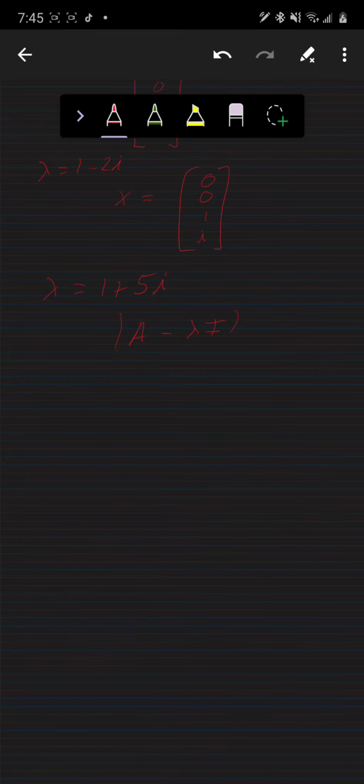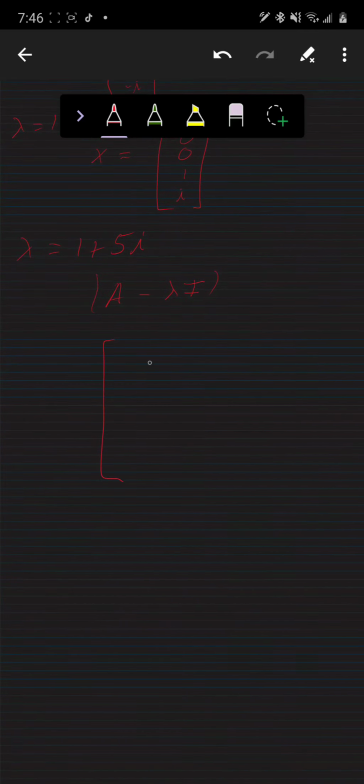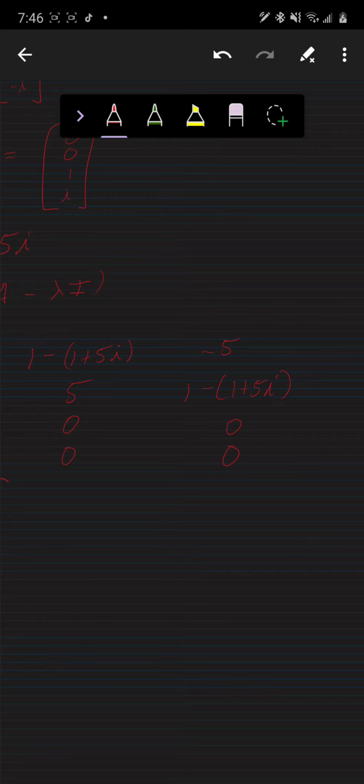So this is going to be 1 minus 1 plus 5i. Then it's going to be 5, 0, 0. Then negative 5, 1 minus 1 plus 5i, 0, 0, and 0, 0, 1 minus 1 plus 5i.